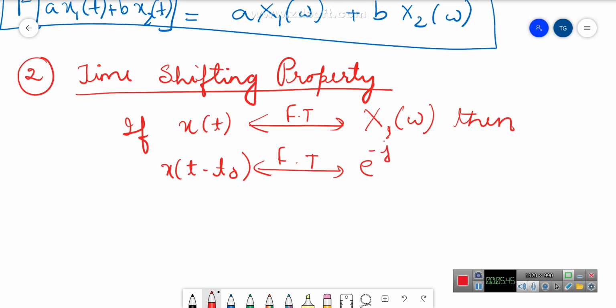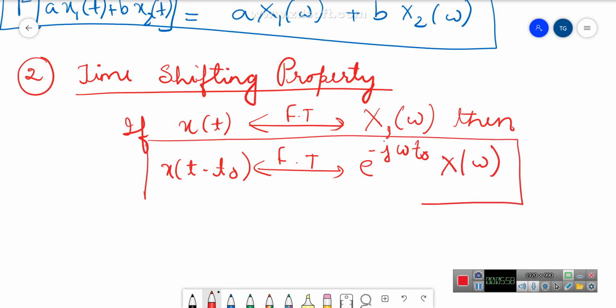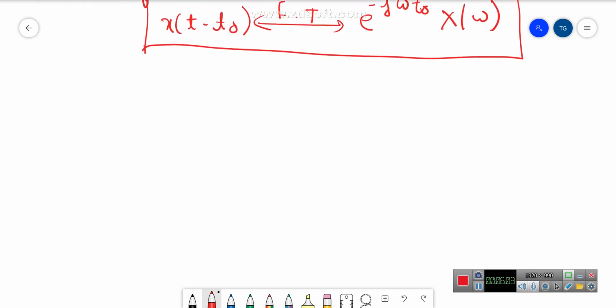This modification in linear phase is e to the power minus j omega t naught into X of omega. This is what my time shifting property looks like. Now we will prove it.